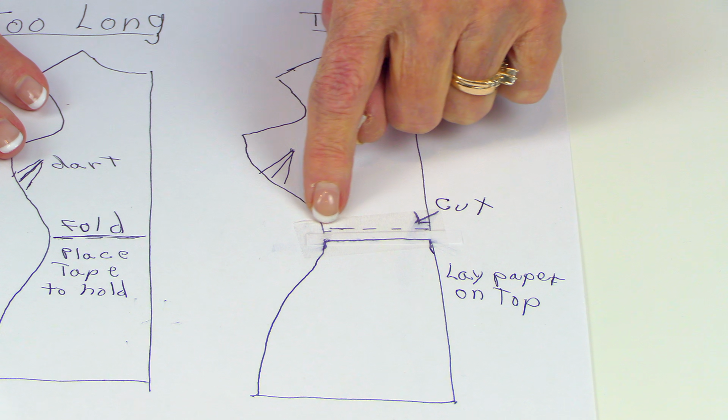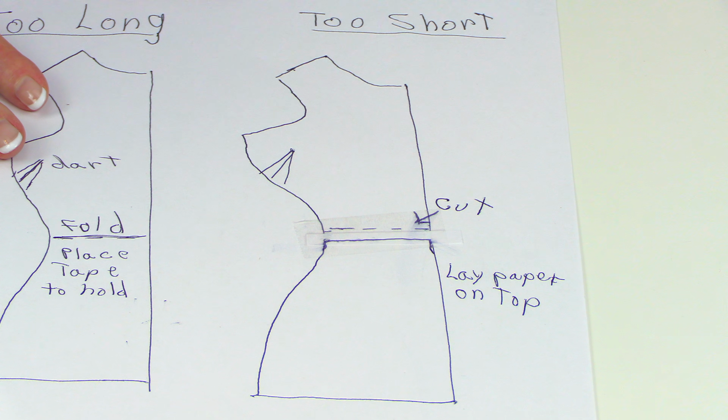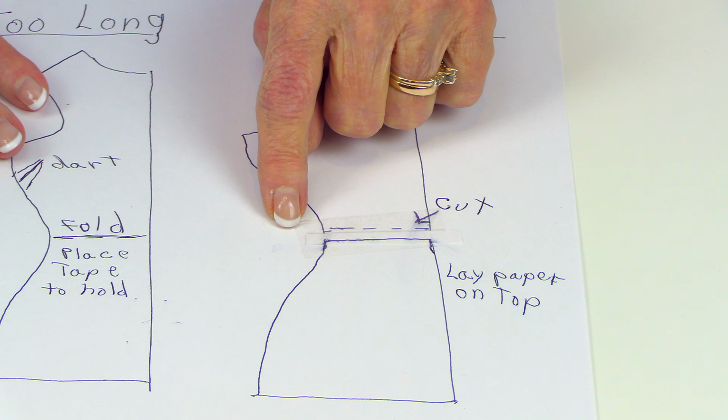Now let's say the pattern is too short. Everything's up too high. So what you could do, for instance, in the waist, you would cut the pattern in half, right through the center. And there's usually a line on your pattern piece that says this is the waist. So that's where you would cut.